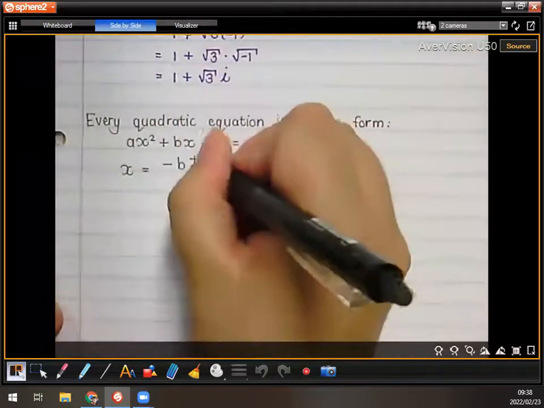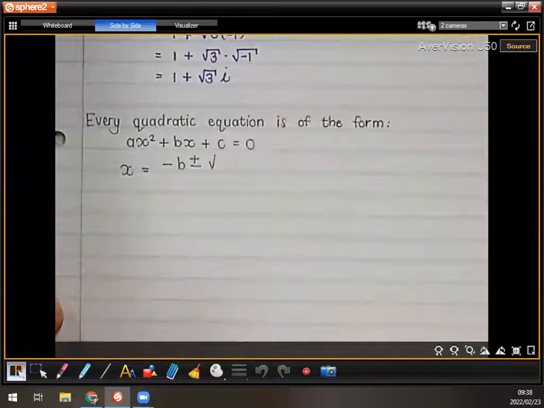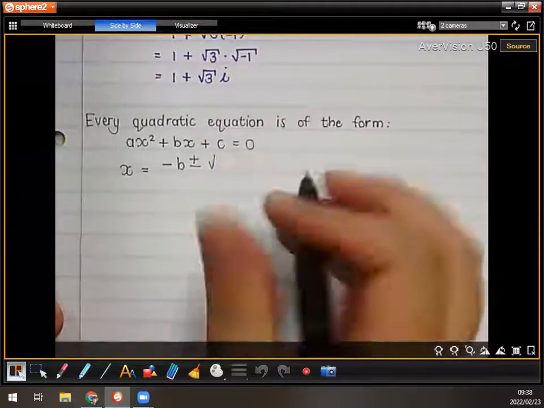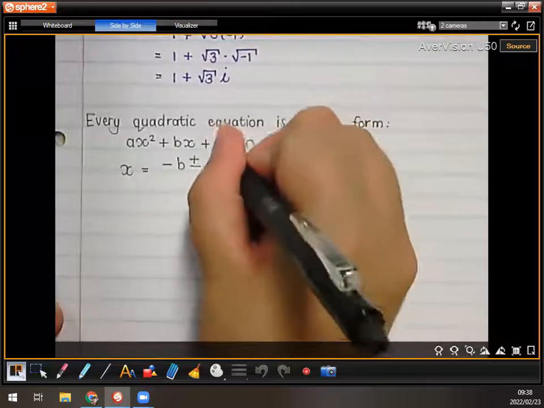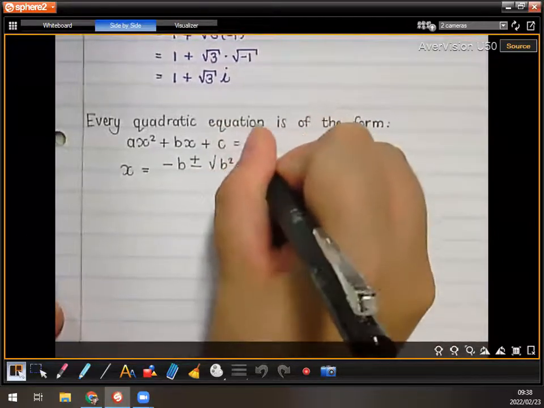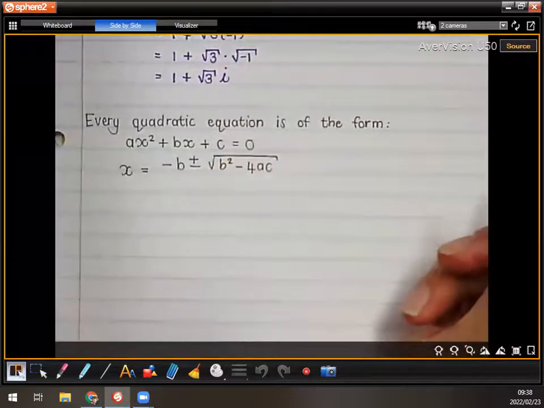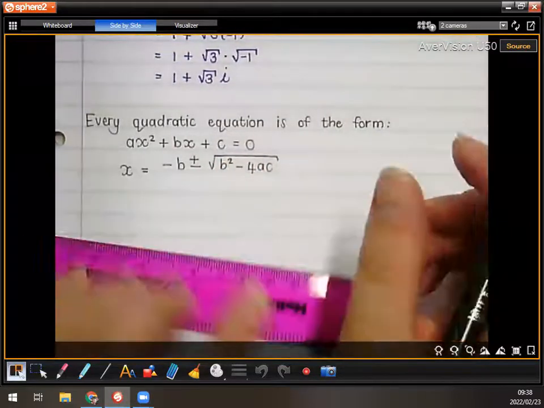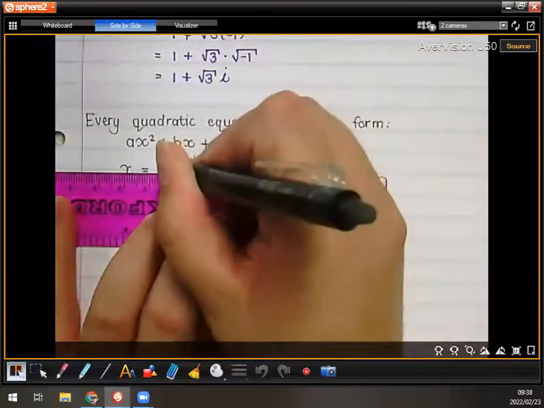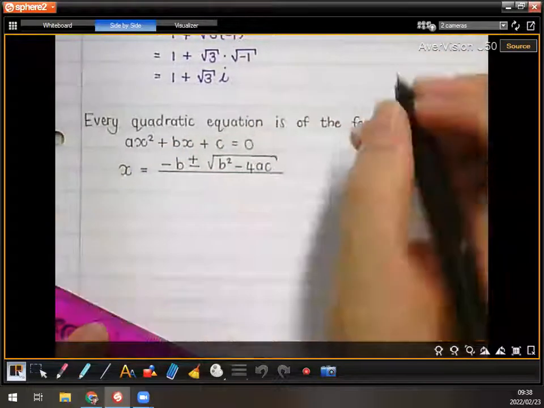The square root of, then in the square root is this whole thing: b squared minus 4ac, close your square root. And that is all over 2a.